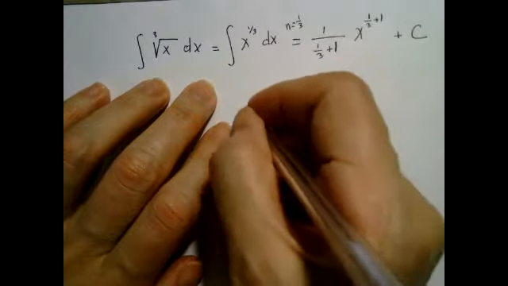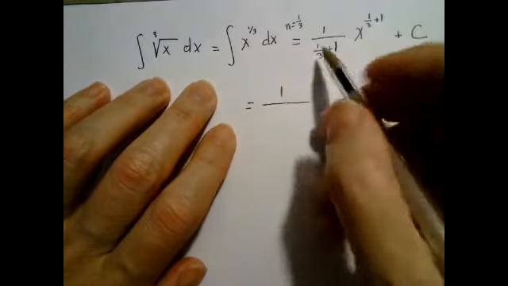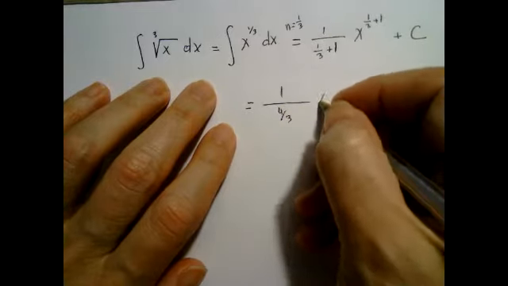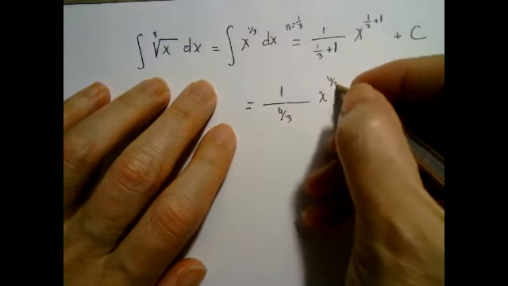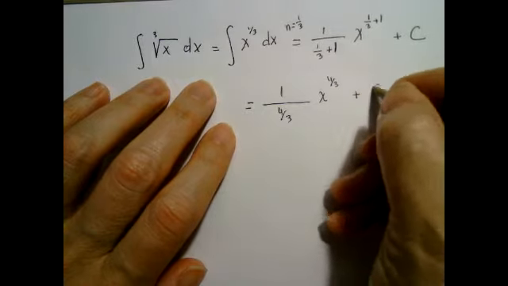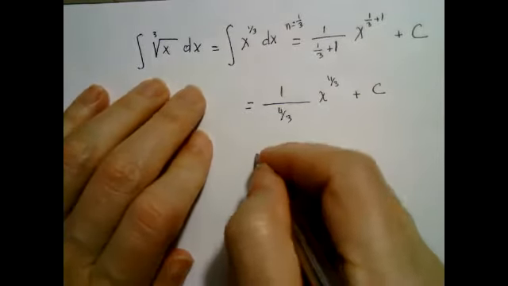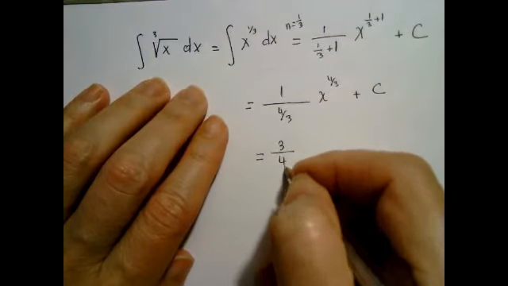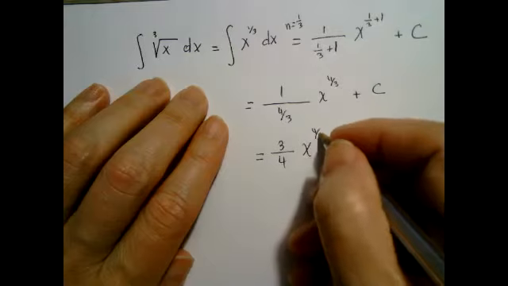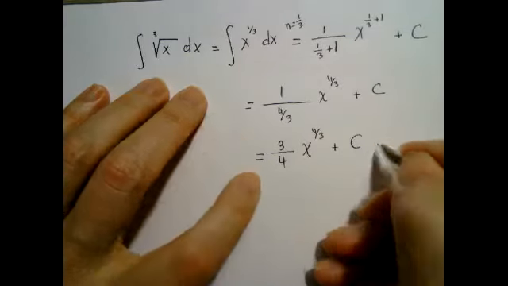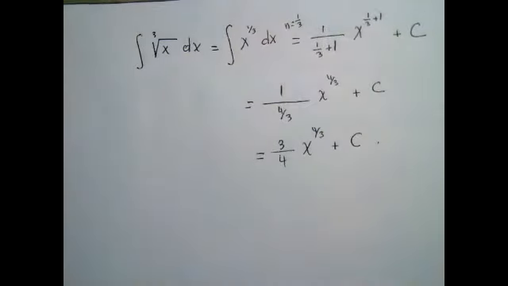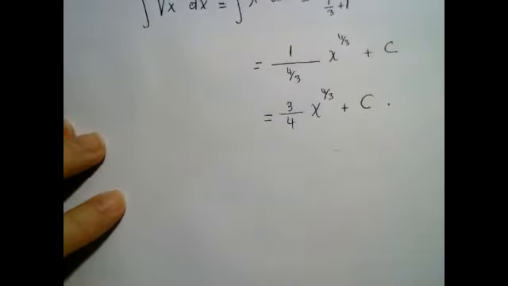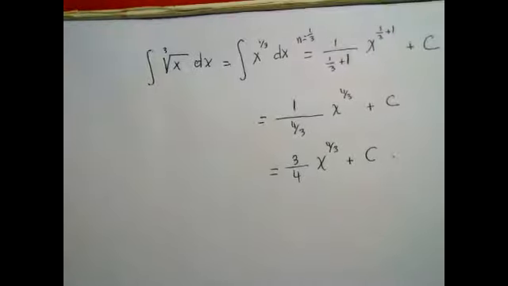Now a little bit of algebra: a third plus 1 gives me 4/3, x to the power 4/3 plus c. And then 1 over 4/3 is 3/4, so 3/4 x to the 4/3 plus c. Okay, and then you guys can check it. I will not check it myself. So these are the antiderivatives of a lot of the power functions.